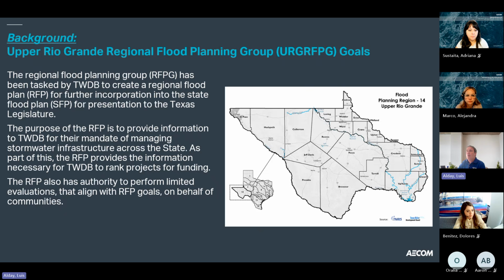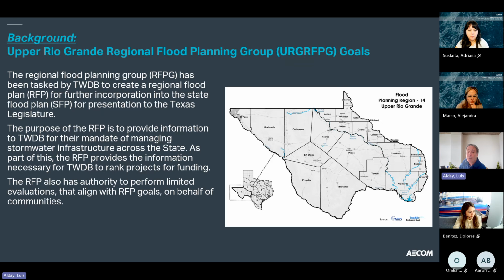The regional flood plan also provides the information needed by the Texas Water Development Board to evaluate and prioritize projects for future funding opportunities. So this is a tool, Oralia, that TWDB and the state of Texas have put together to identify all the areas with flood risks. And once you have those projects in the flood plan, there are 15 regions within Texas.